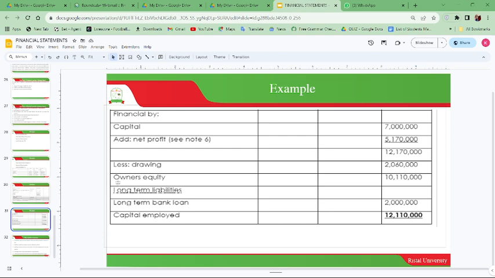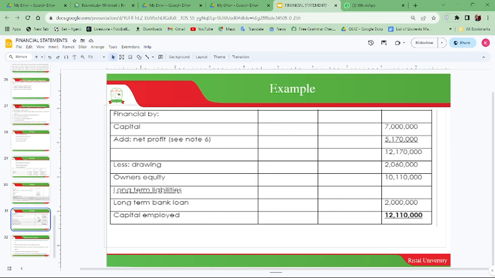So we have owner's equity. Owner's equity we are given, it is this. Then we have long-term liabilities. We have a long-term bank loan. Then we get the capital employed after calculating this. So that is the end of our balance sheet.